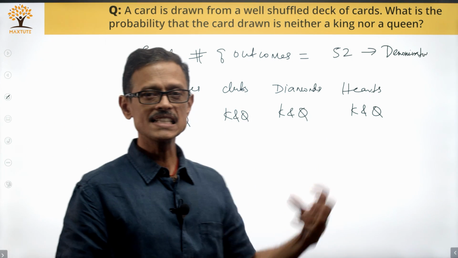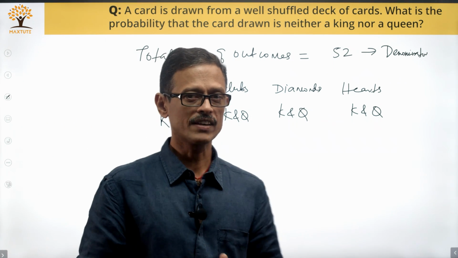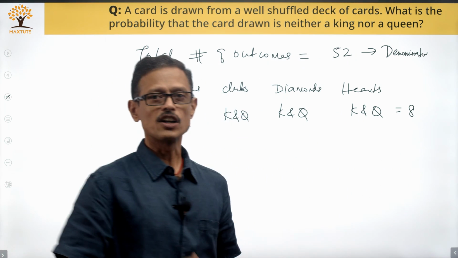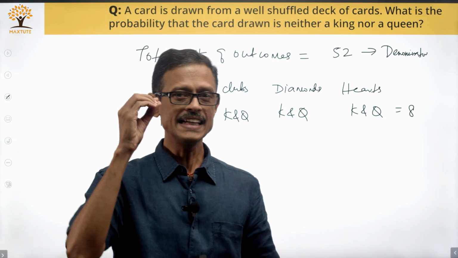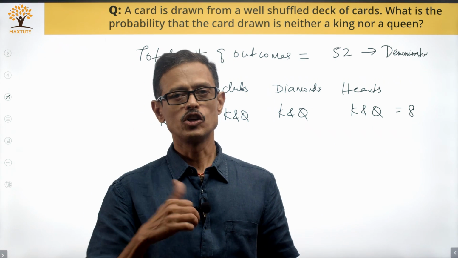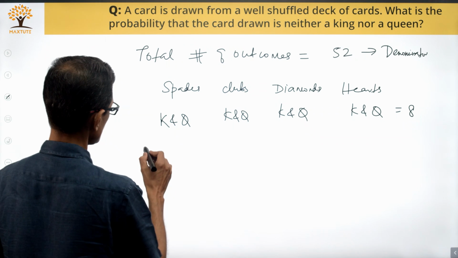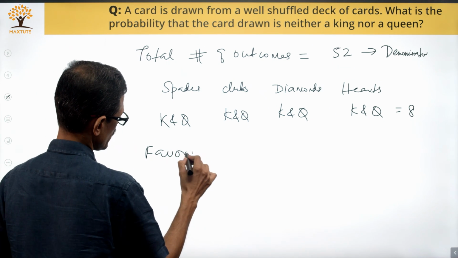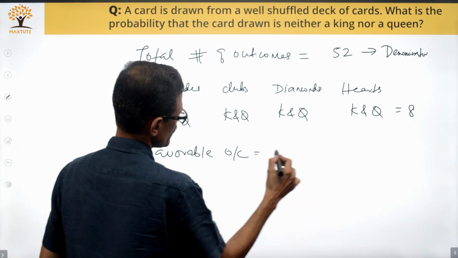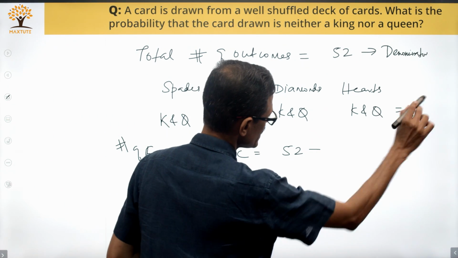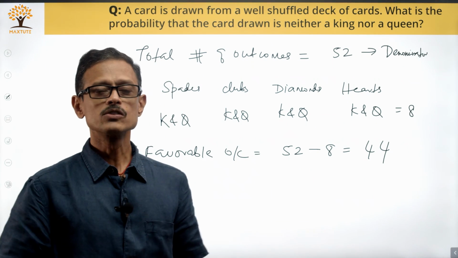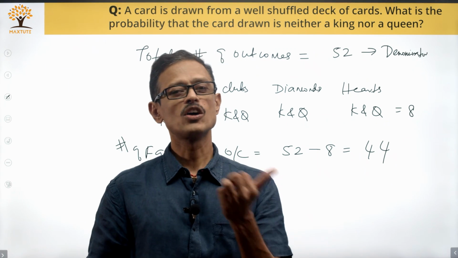So how many kings and queens will we find in any pack of cards? 2 plus 2 plus 2 plus 2, which is equal to 8 of these cards are not what we want. There are 8 cards which are kings or queens. We'll have to select a card which is neither a king nor a queen. So number of favorable outcomes for us will be of the 52, take out these 8. So if we get one of these remaining 44 cards, those cards would neither be queens nor be kings.